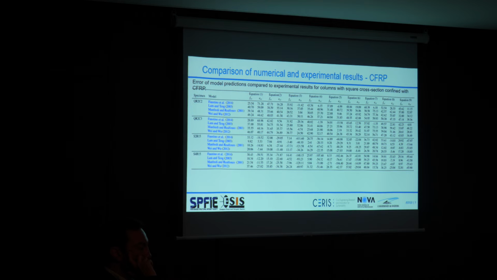From these values, what have we done? We see, for example, for the model by Faustino et al., we look for the smallest error for each parameter: the smallest error for the maximum strength and the smallest error for the axial strain.